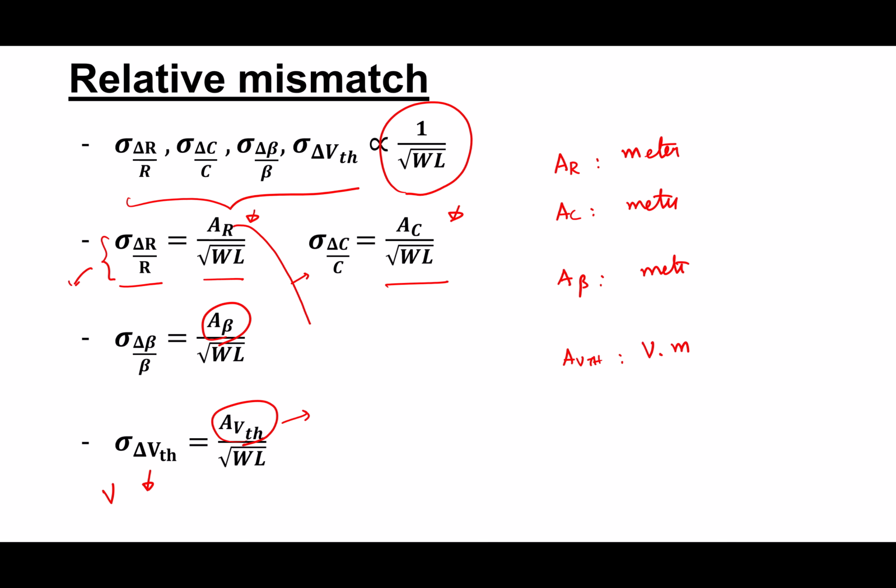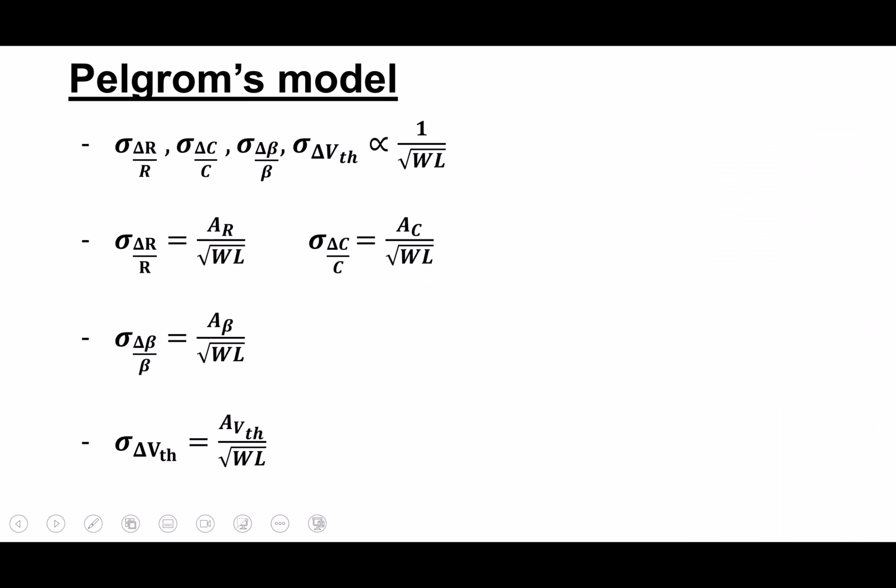Because this VTH mismatch we don't normalize with respect to the actual value of VTH, since as I mentioned, the VTH value can be really small. So this is the main thing. It turns out the standard deviation of all the mismatch quantities, I'll say sigma of delta, is proportional to 1 by root of W times L. And one of the first people to recognize this was Marcel Pelgrom.